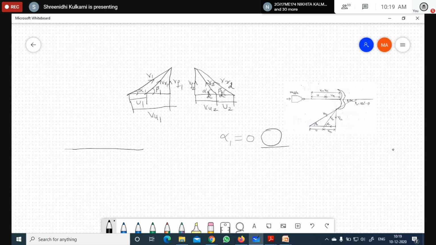Next, here I'm going to draw the turbine blade. It is double hemispherical in shape. Now the jet of water strikes at the center. This is the nozzle. The jet of water strikes at the center.